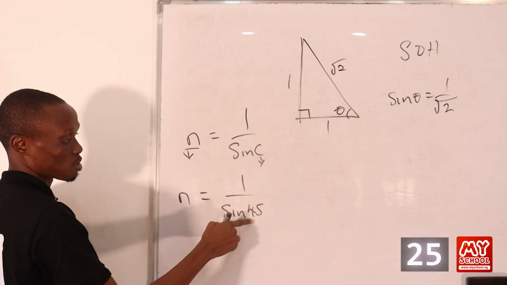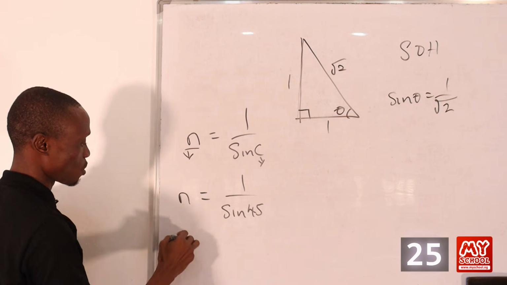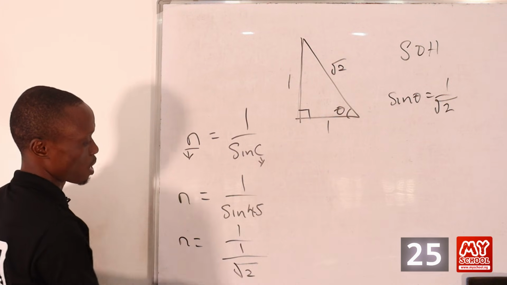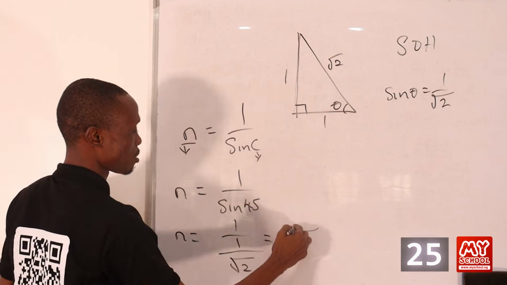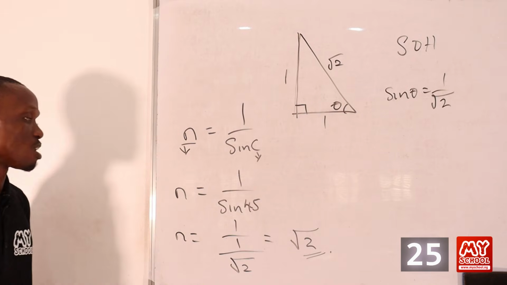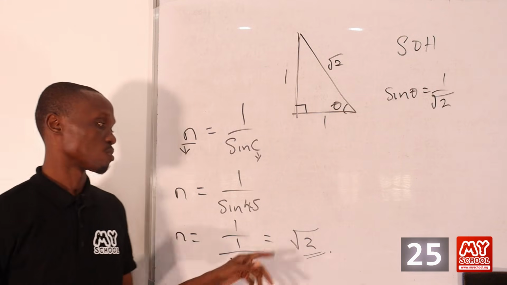So sine 45 is equal to 1 over root 2. So n is equal to 1 all over 1 over root 2. This is the same thing as root 2. So the value of the refractive index of the glass is equal to root 2.